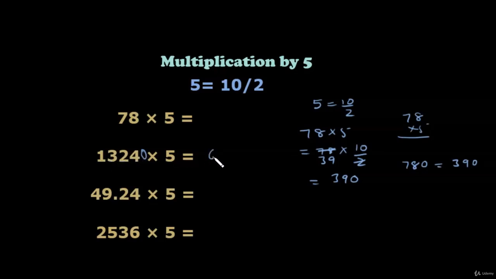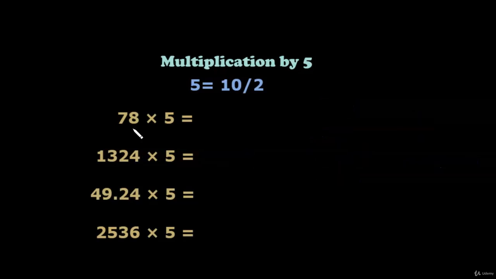That is 6620. So this is the answer. So in order to multiply any number by 5, we just place a 0 after the number and then write the half of the number. This becomes very fast and there is no stress on the brain.